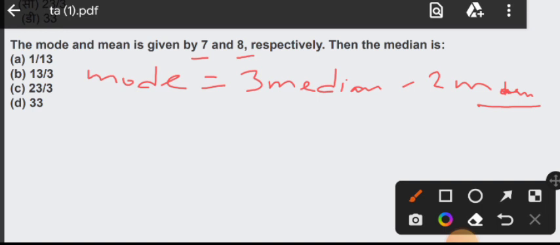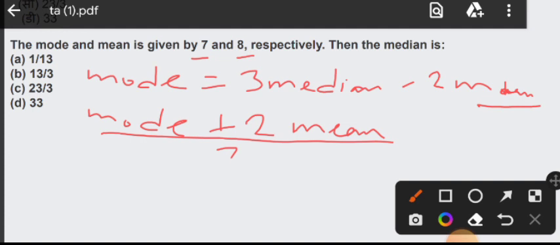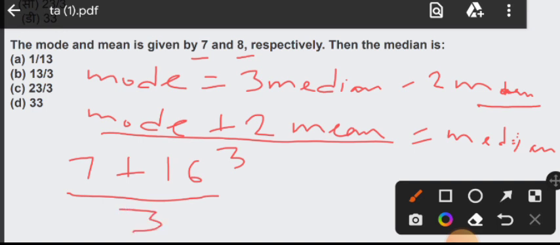So we can write median equals mode plus 2 mean, divided by 3, as the minus becomes positive. The mode value is 7, and the mean value is 8, so 2 into 8 is equal to 16, and here by 3. 7 and 16 is 23 by 3.